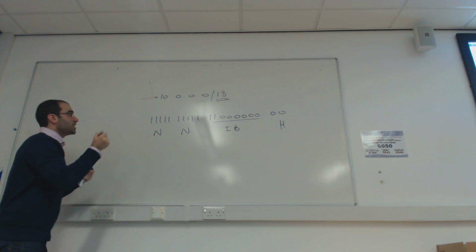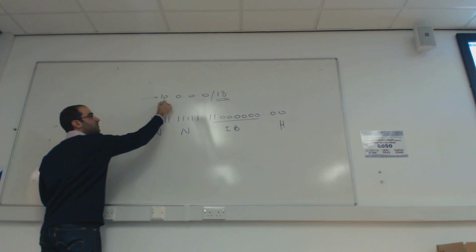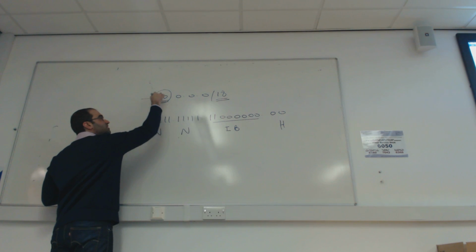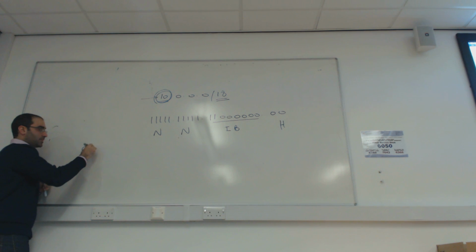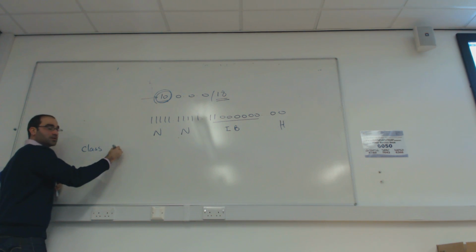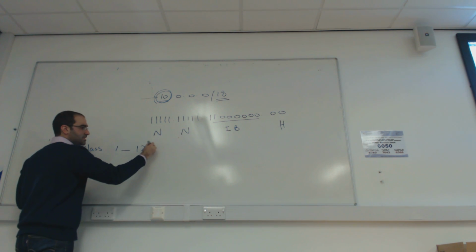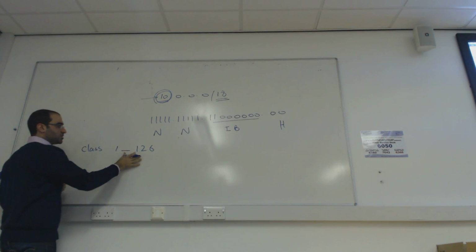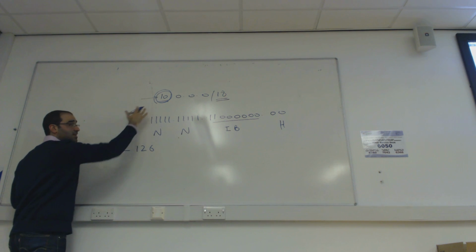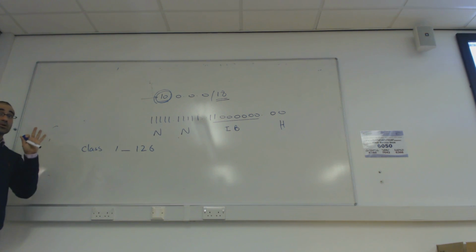The class is indicated by the first byte. Just see the range of this first byte, that's your class indicator. Class A ranges from 1 to 126. That's in decimal, by the way. So if the number is between 1 and 126, that's class A. First byte only.